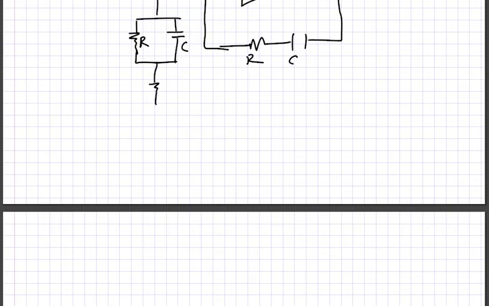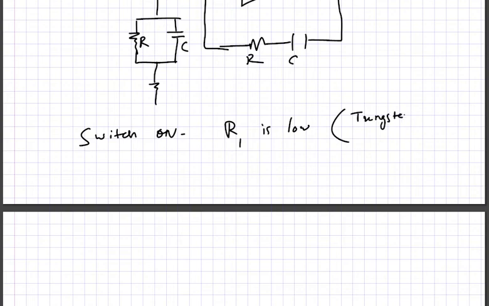So how does it work? When the power is switched on, the tungsten bulb has low resistance because it is just switched on.